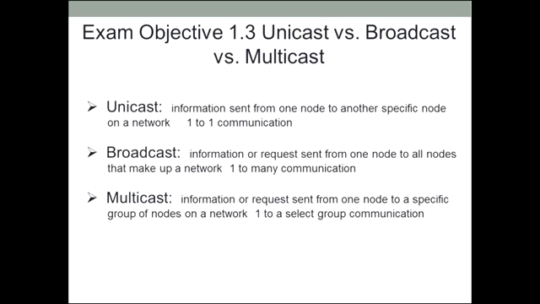Multicast is kind of like broadcast, but not really. Multicast is one-to-a-few communication, or one-to-a-select-few communication. And where do you see multicast usually? That's with routing protocols. If you're running RIP, if you're running OSPF, if you're running EIGRP, you're going to be using multicast.